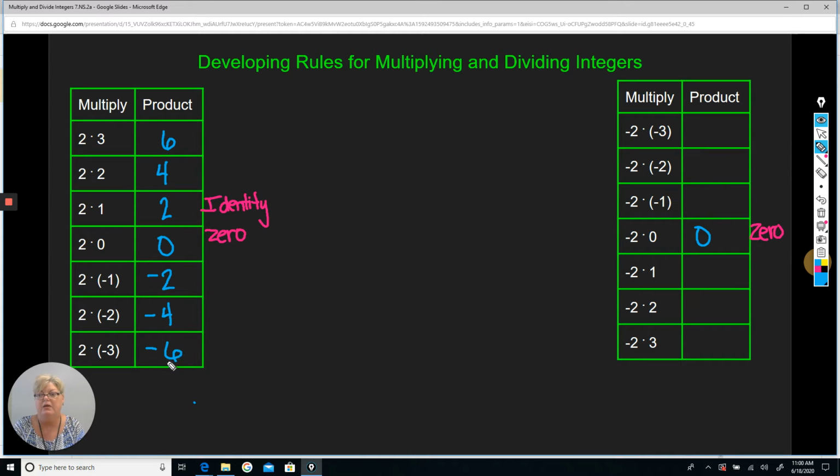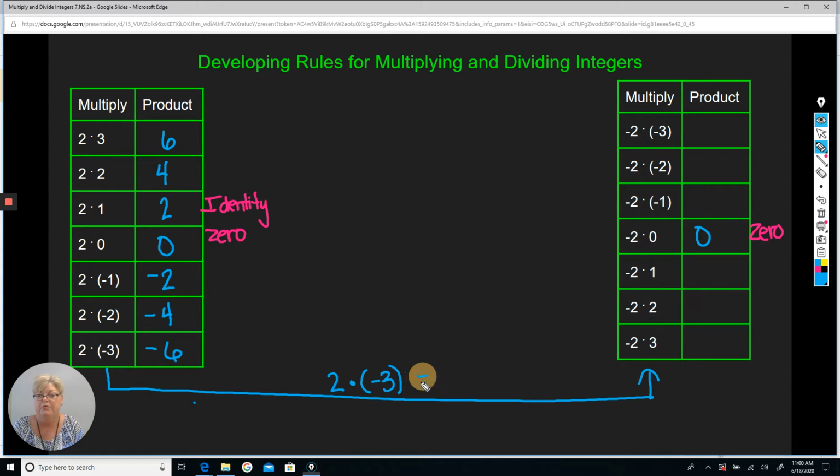Now, if you look, 2 times -3 and -2 times 3, there's a commutative property there. The commutative property says that we can flip those around, or that the signs can flip around, and that'd be -2 times 3. And so that's going to have the same solution of -6.